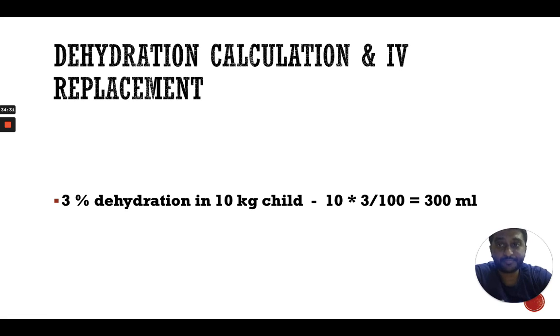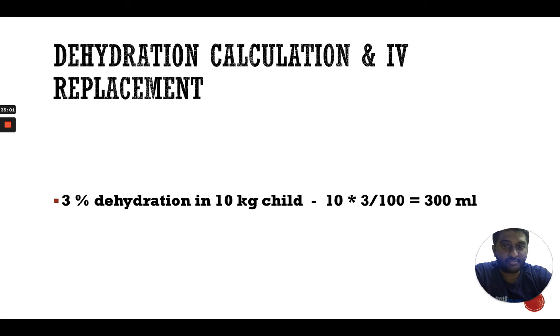Okay. All right. So let's say you want to give them IV hydration, and how much to give. So the replacement and the maintenance, how to calculate. In the upcoming slides, I'll be telling you how to calculate and how to administer the replacement and maintenance fluids. So let's say you calculate the patient to be 3% dehydrated, and the patient is 10 kg.